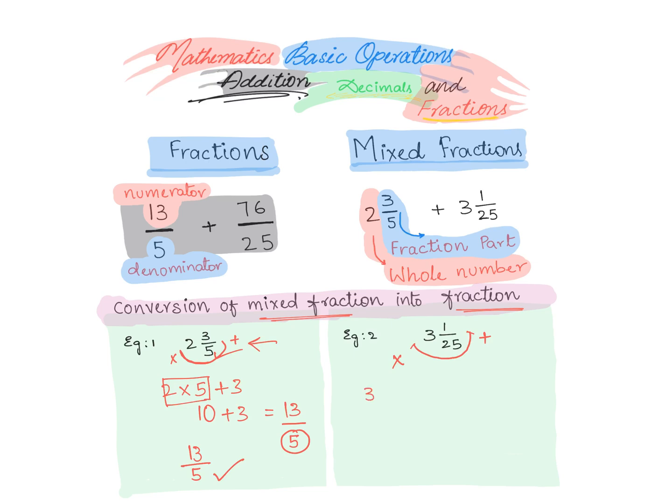So 3 into 2, we know that it's 6, plus 1. So what does it give? 7, right? Then this is the numerator part. What about the denominator part? Same as in the question, so 25. I hope now everyone knows how to convert mixed fractions into fractions.